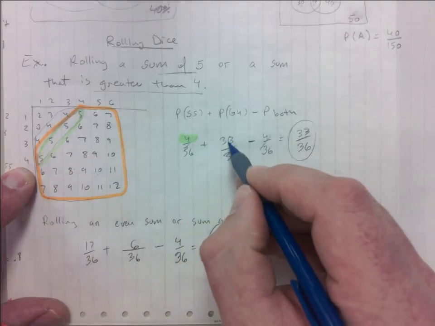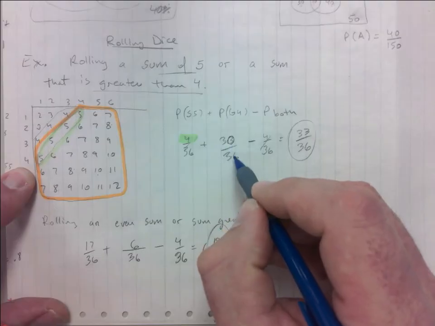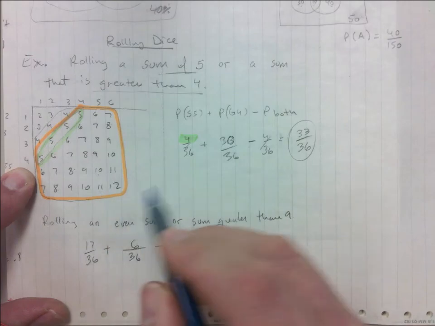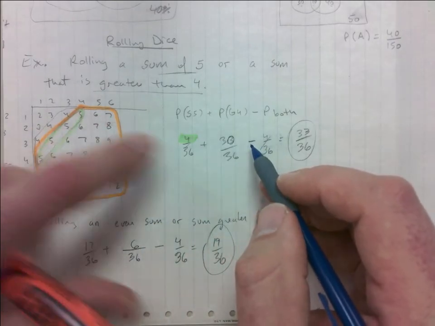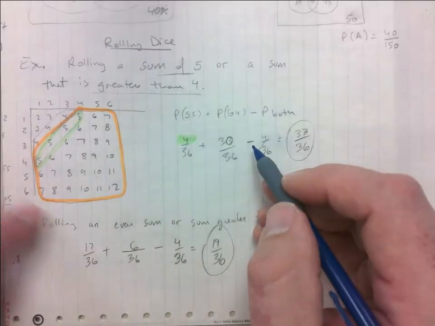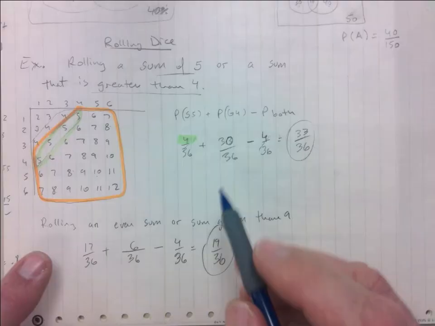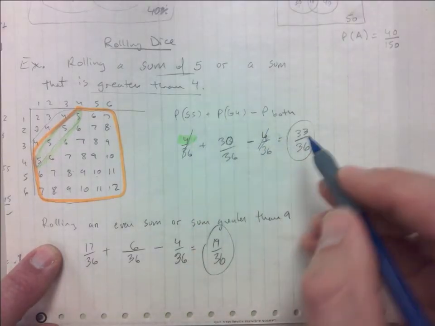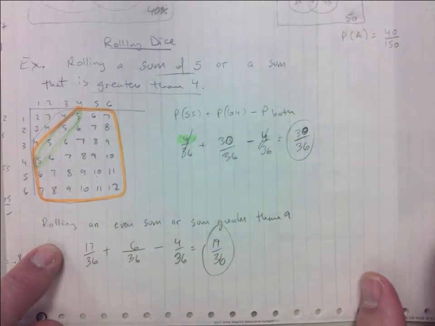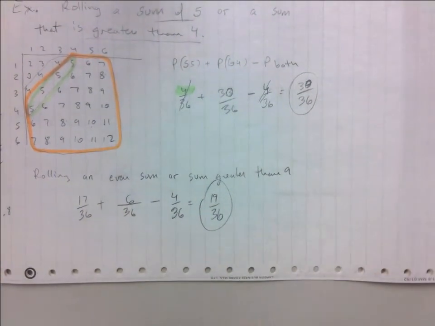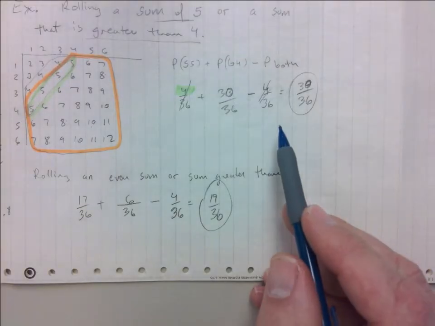So that means that there are 30 out of 36 outcomes that are greater than 4. And just so you know, the green one is inside the orange. So technically I want to subtract that, otherwise I'm double counting. So these actually cancel out, and you end up with 30 out of 36 in that particular instance. Basically, always assume that there might be an overlap.